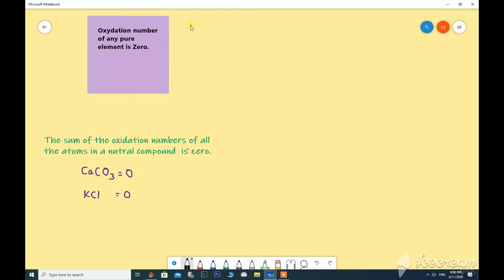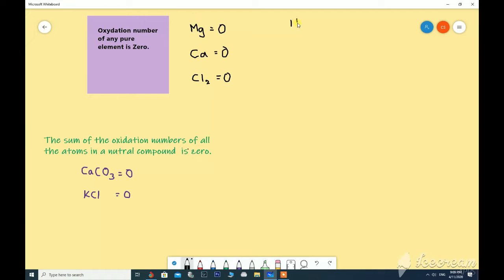Let's see. Magnesium, it is a pure element, so the oxidation number is equal to 0. Calcium, it is also equal to 0. Cl2, it is 0.